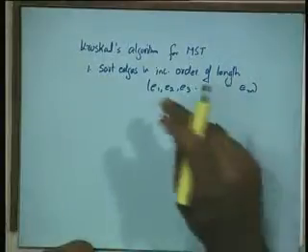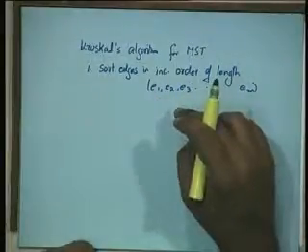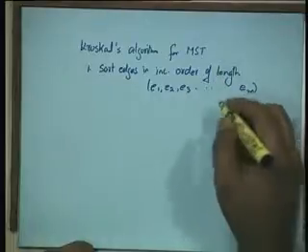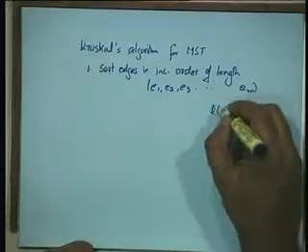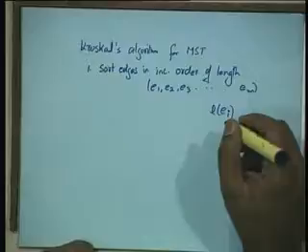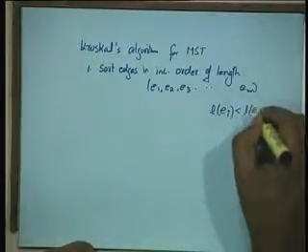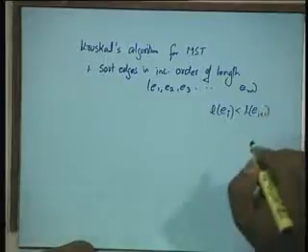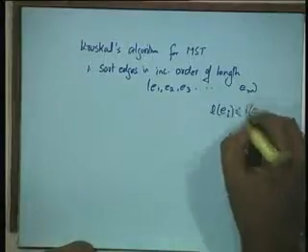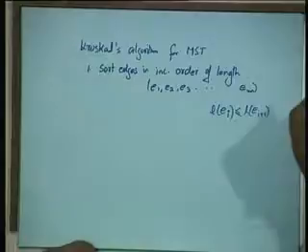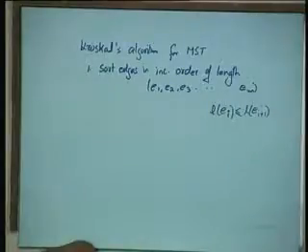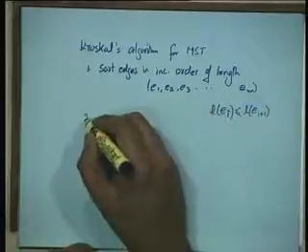What does this mean? This means E1 is the edge with the smallest length. To be more specific, L of Ei, the length of the edge Ei, is less than or equal to the length of the edge Ei plus 1. That's what I mean by sorting order. Now what should be the next step?